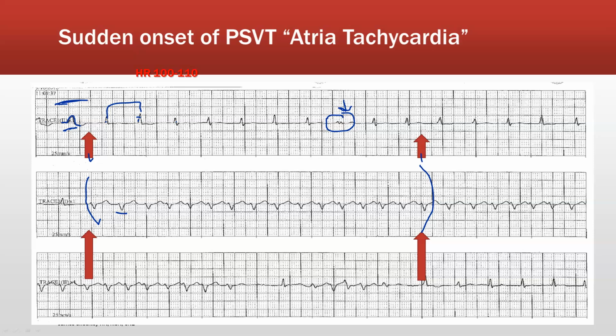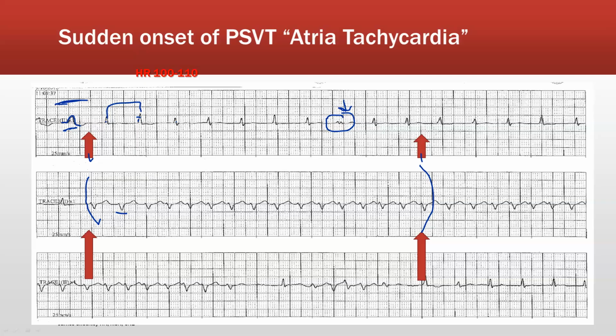So what I'm going to do is just count out again my QRSs. 1, 2, 3, 4, 5, 6, 7, 8, 9, 10, 11, 12, 13, 14, 15, 16. So it is right there at that cusp of what we would consider SVT.